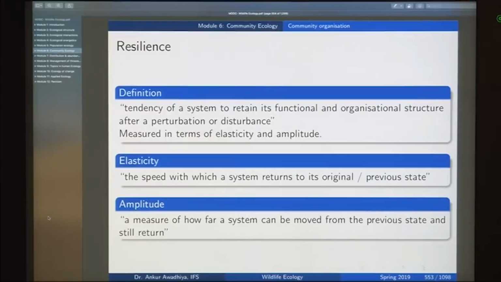In the case of resilience, the community has changed, but it is able to bring itself back to the original position. Now, resilience can be measured in terms of elasticity and amplitude. Elasticity is the speed with which the system returns to its original state, and amplitude is the maximum amount of disturbance that the community can tolerate. So, it is a measure of how far a system can be moved from the previous state and still return back to the original conditions.